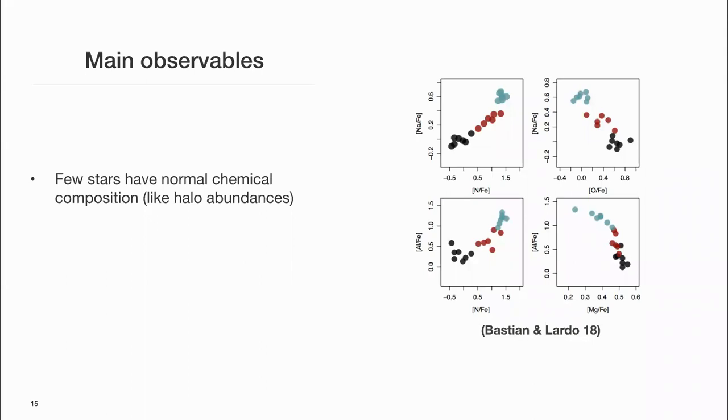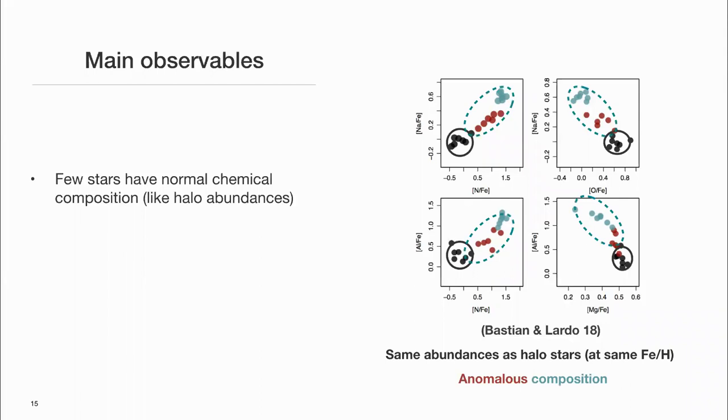Here I show you a plot of the abundances of some light elements that change the most between field stars and globular clusters. I'm going to go over this in detail later, but for now, what you need to know is that a tiny fraction of the stars have the same abundances as halo stars of the same metallicity, but most of the cluster stars have a very anomalous chemistry.